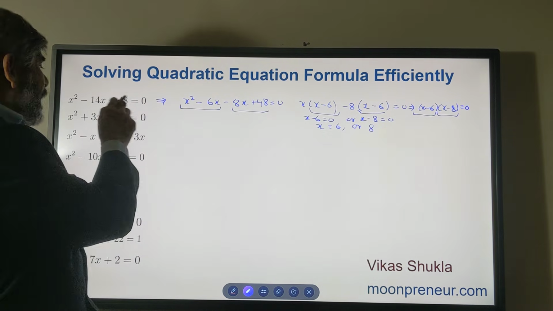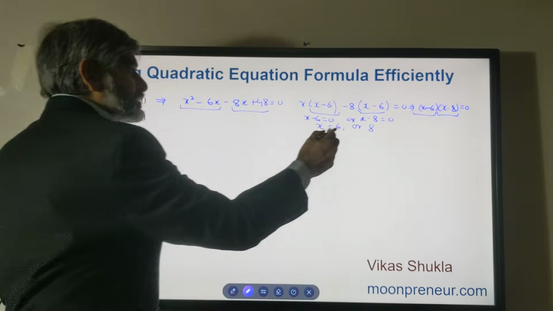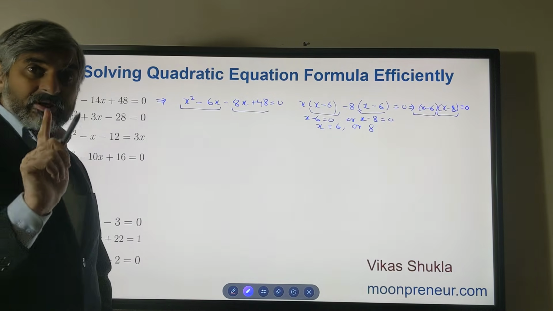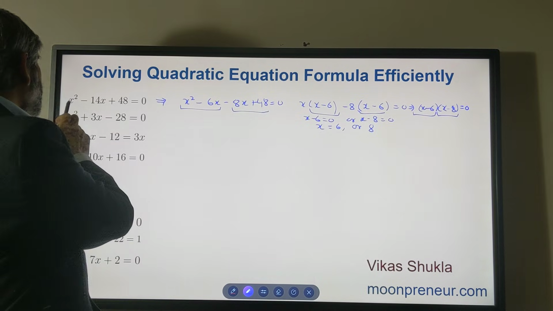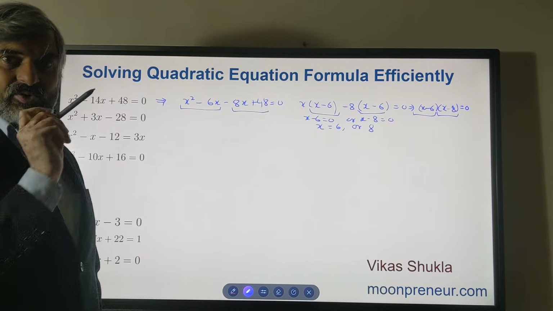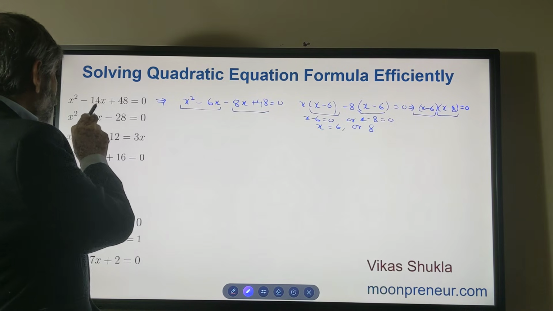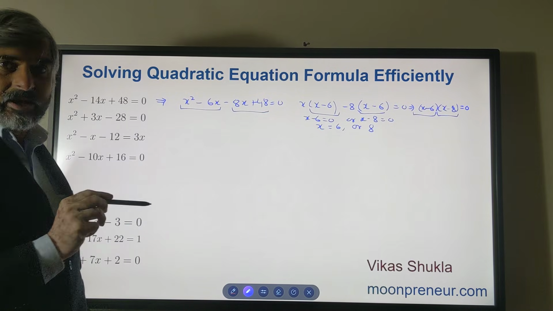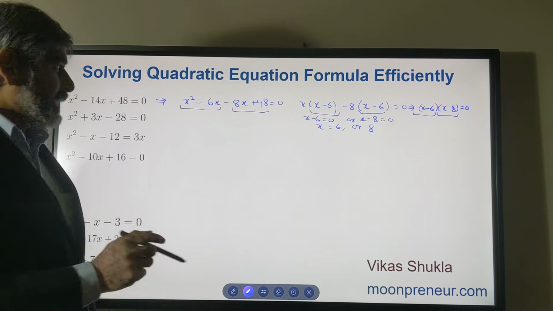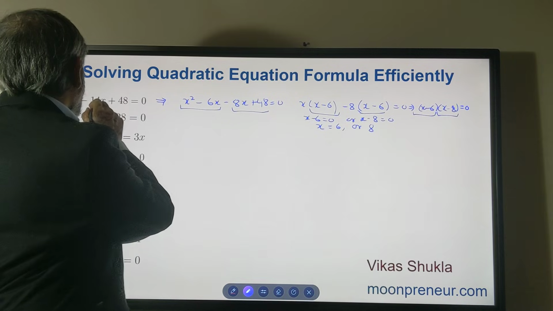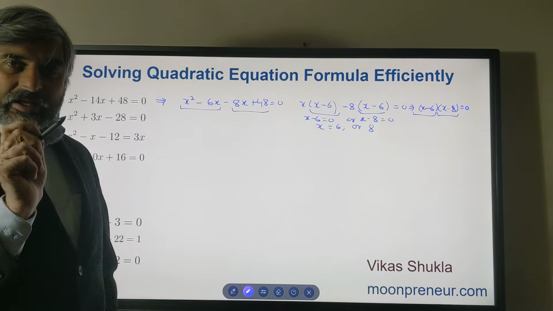Now, how do I quickly get this final solution without writing those steps? Very simple. Make sure this method works only when the coefficient of x square is 1, and number 2, you are able to factorize this number such that their product is this number, which means that what are those two factors of 48?